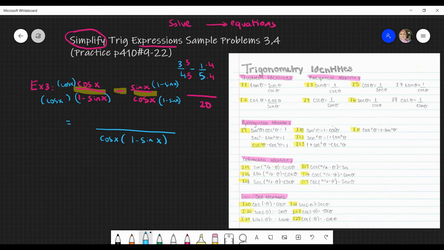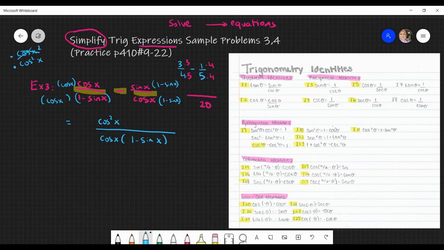Cosine times cosine is equal to cosine squared of x. You might think in two different ways. Should I write this or should I write that? Is it cosine of x squared? Or is it cosine squared of x? And actually, it's cosine squared because cosine multiplied by cosine is cosine squared.